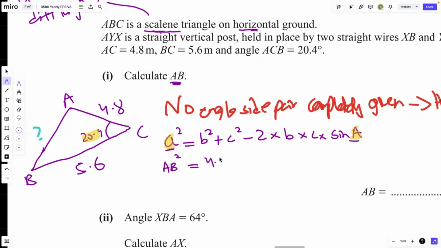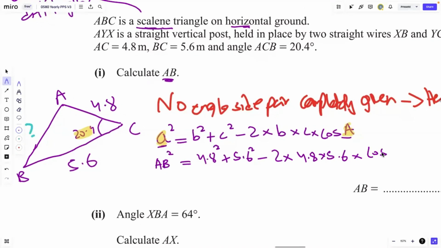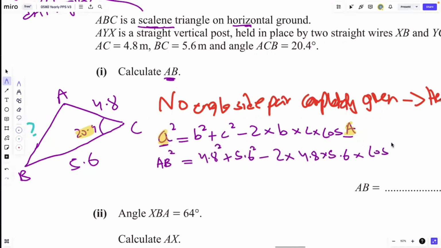The other side is going to be 4.8 squared plus 5.6 squared minus 2 times 4.8 times 5.6 times sine of, actually it's going to be cosine, my bad. It's the cosine rule, so it's cos A, and the angle that we have is 20.4.